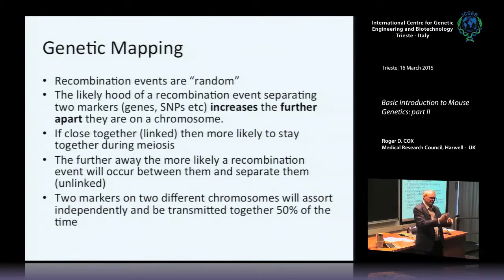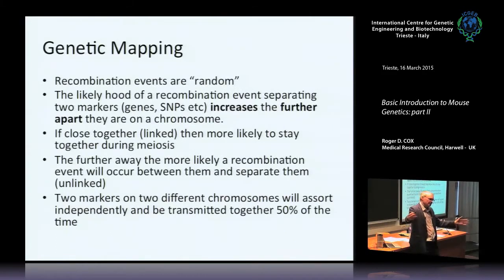So if there are 2 things that you can see phenotypically, for example, or genotypically if you've got a DNA marker, the chances of them being separated when they're close together is lower than when they're further apart. I think that makes sense, doesn't it?